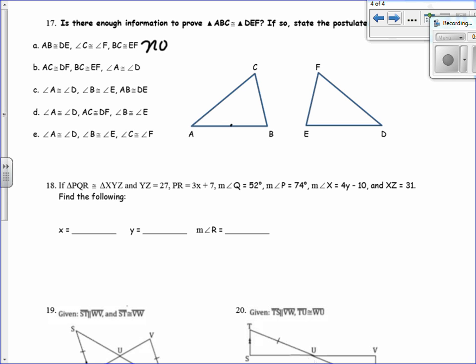So we go through all of them. No, you don't take all at the same time. You do one at a time, and erase, and then start again.